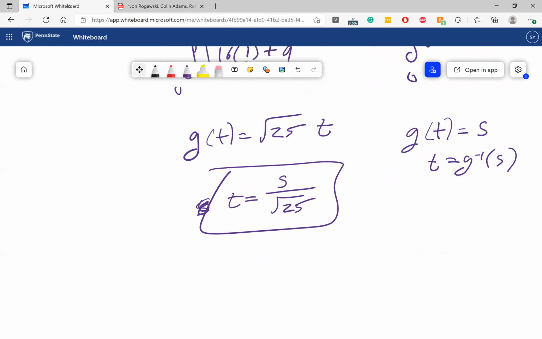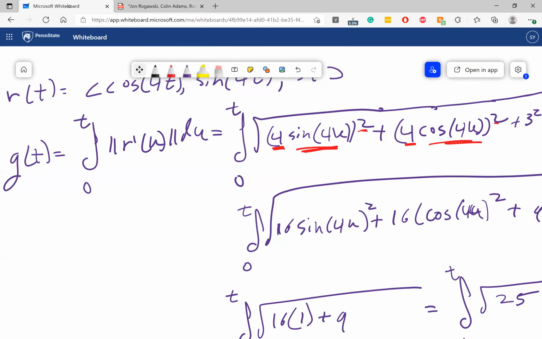And you then go and you plug it into your equation.